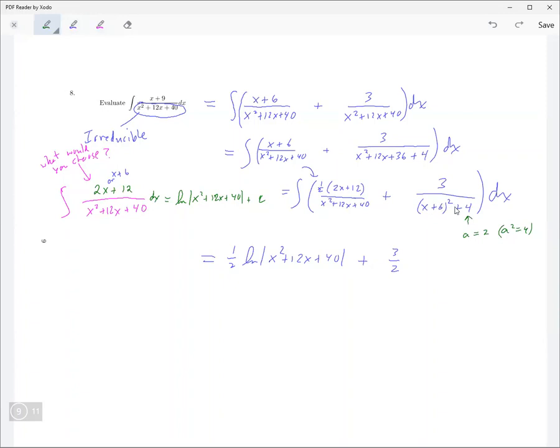I have 1 over x squared plus a squared. The integral of that is 1 over a times the inverse tangent of x over a.